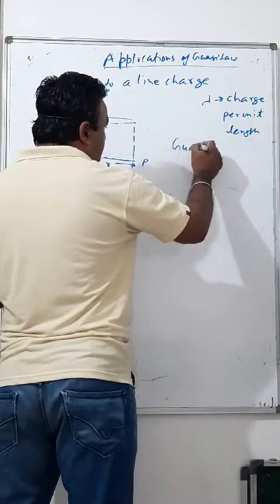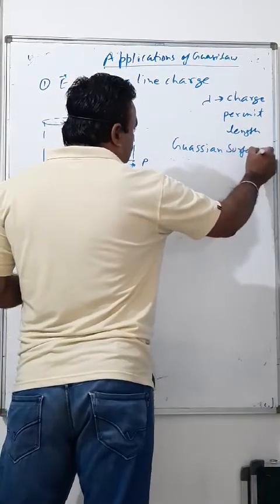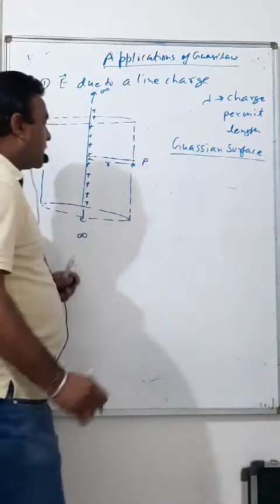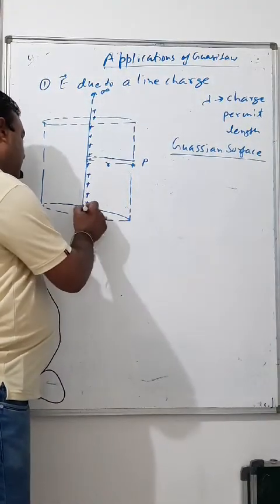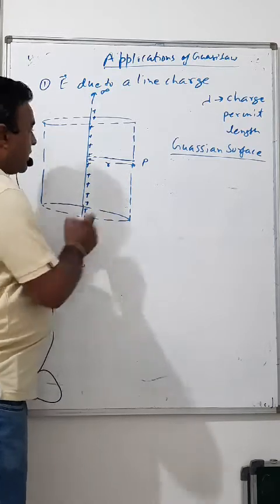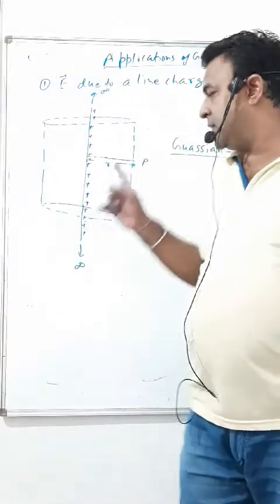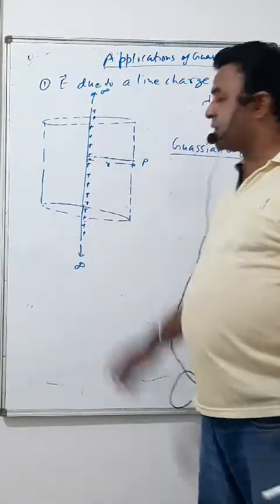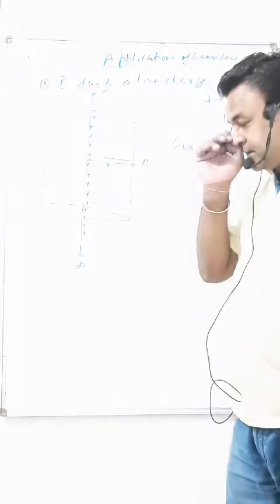So, first of all, the need is of a Gaussian surface. The Gaussian surface is selected in such a way that the charge distribution is symmetric with respect to that surface. Now, this straight wire can be symmetric for a cylinder, if it makes the axis of the cylinder.